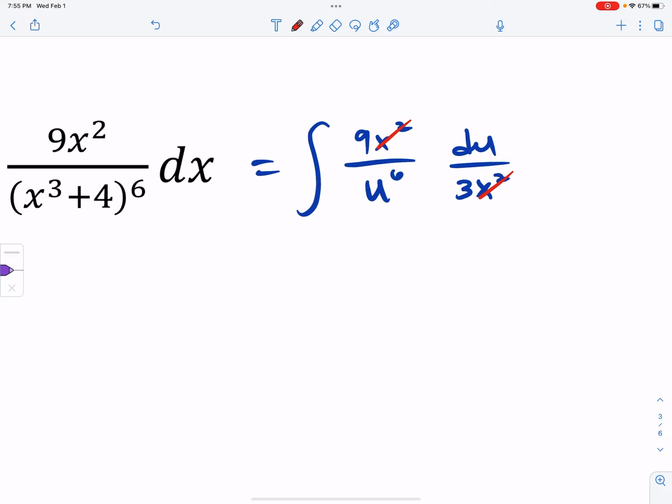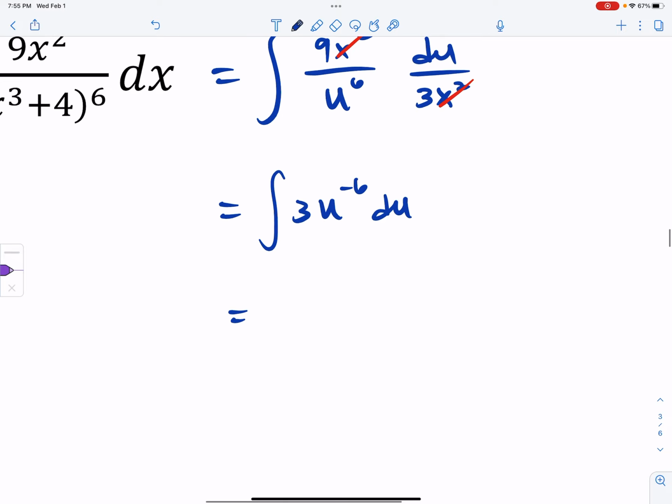So x squareds cancel. 9 divided by 3 is 3. So this ends up being 3 times u to the -6th du. So we can use the power rule. That'll be 1 over negative 5u to the negative 5th plus c.